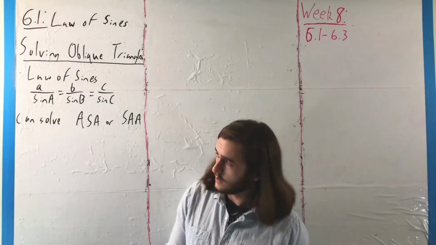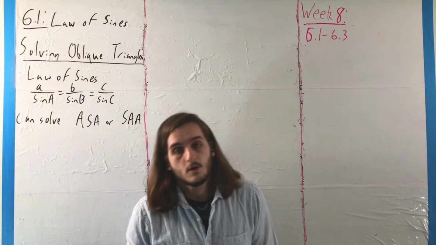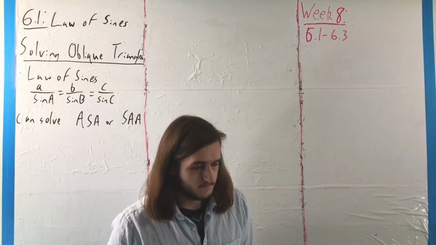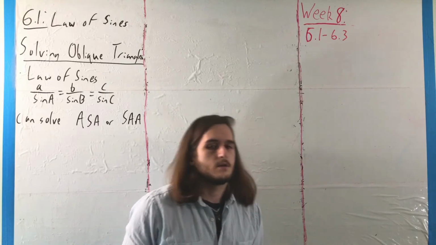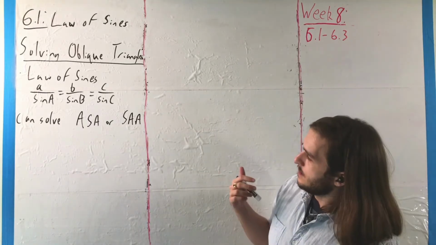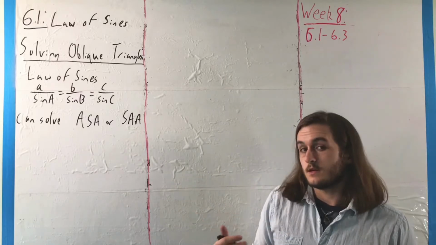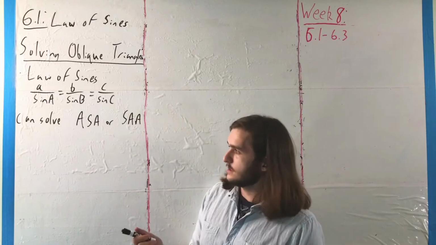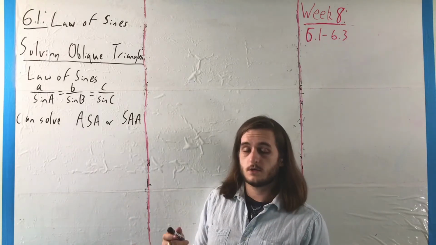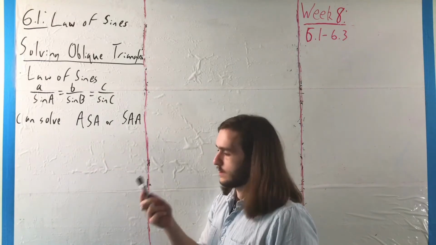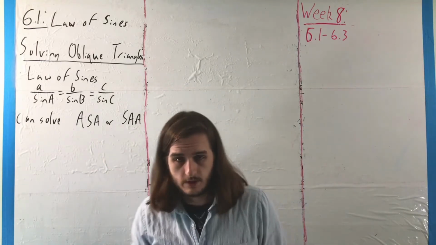So the main thing we're going to use the law of sines for, and we'll see later in 6.2 the law of cosines, is solving these triangles. That is, being able to find the other measurements given some selection of them, where the law of sines is generally used to solve what are called angle, side, angle, or side, angle, angle arrangements.